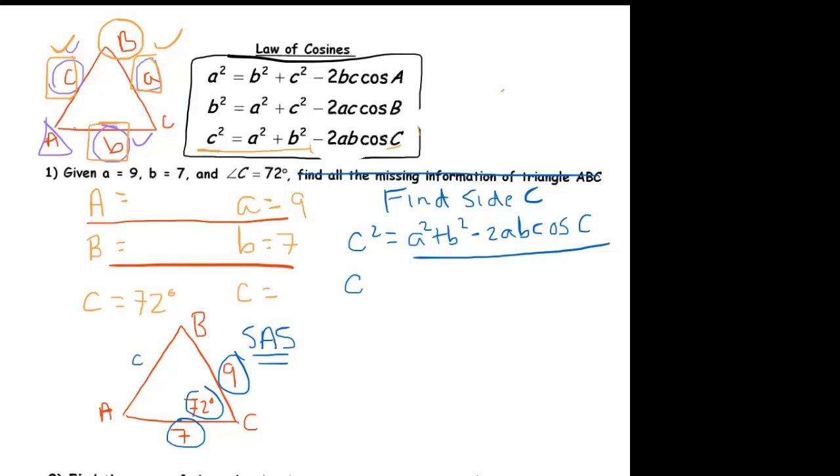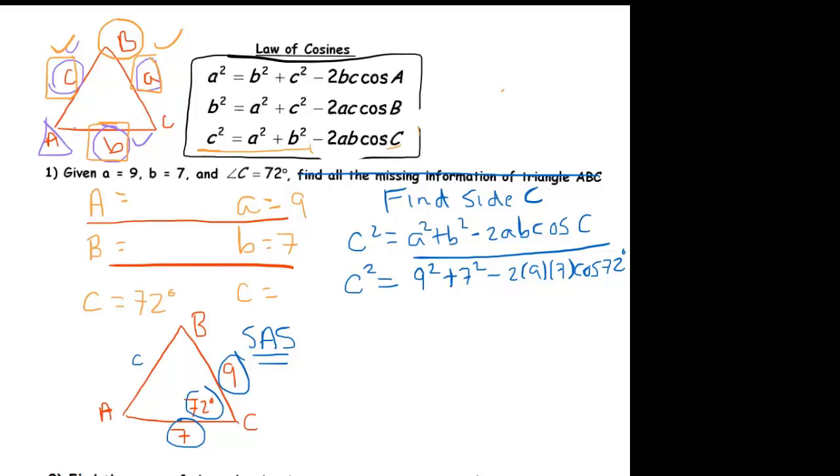We're solving for C squared, so I'm just going to plug in 9 for A, 7 for B, and 72 for angle C.